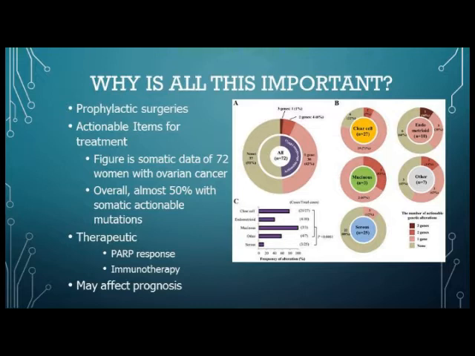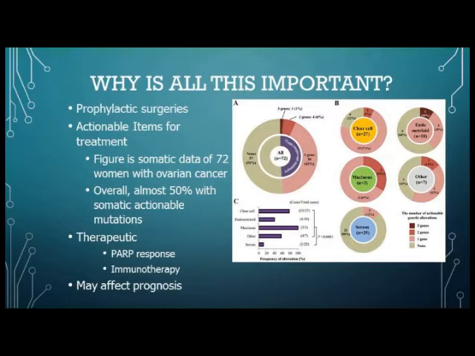This slide is actually from somatic data, so they're looking at the tumor and these same genes being mutated within the tumor, not necessarily germline. But you see in this study, about half of the ovarian cancer cases looked at had a mutation that we have some drug that has some action against to give them. So it can be very important.